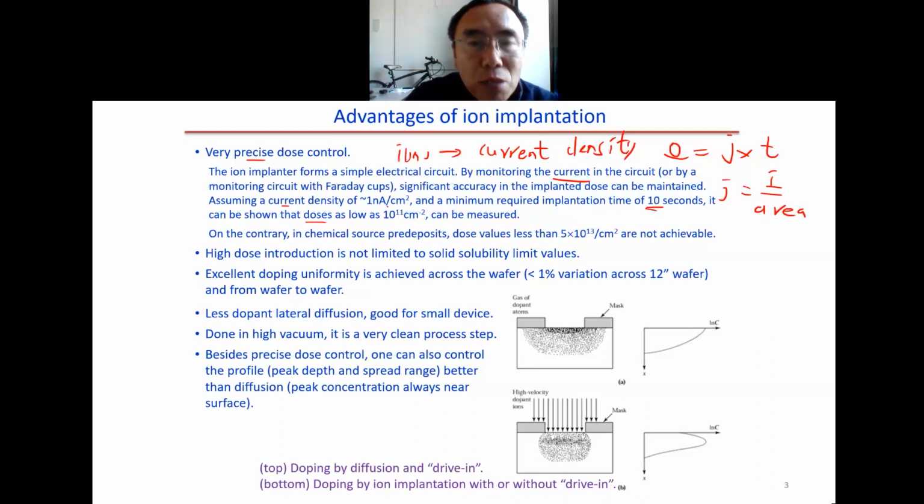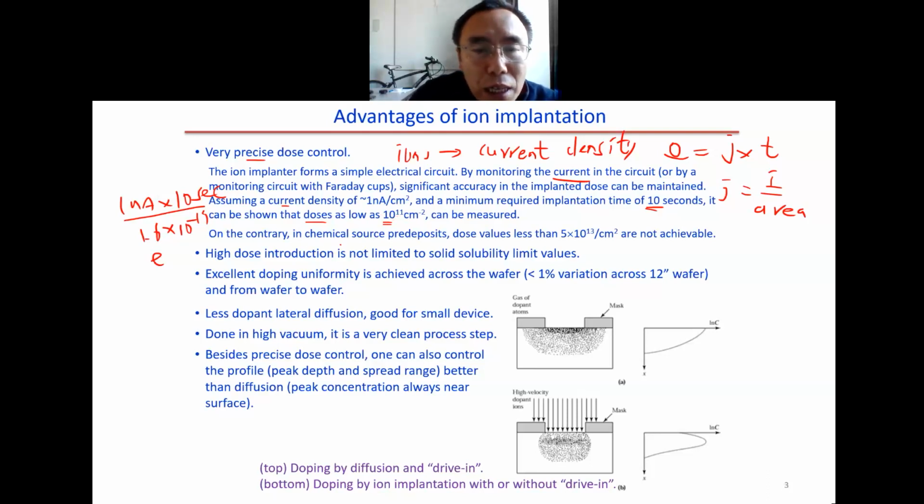So this one is easy to get. 1 nanoampere times 10 seconds needs to be divided by the charge of the electron, Q. This gives you the dose, a number of about 10 to the power 11.